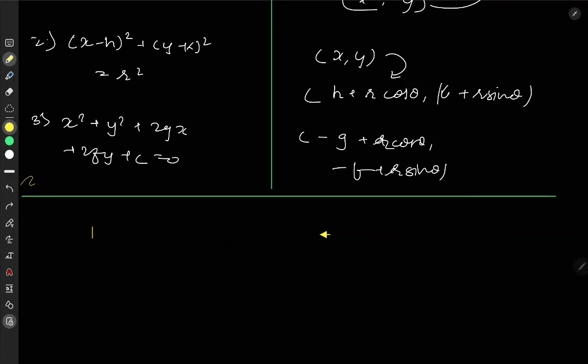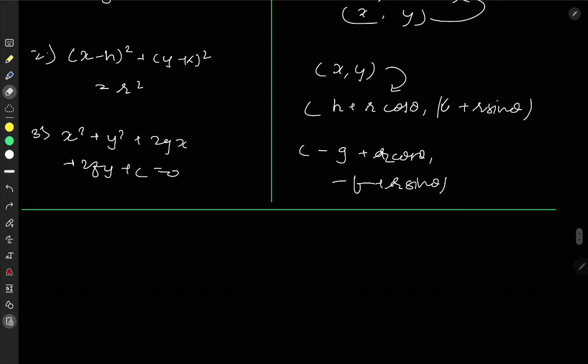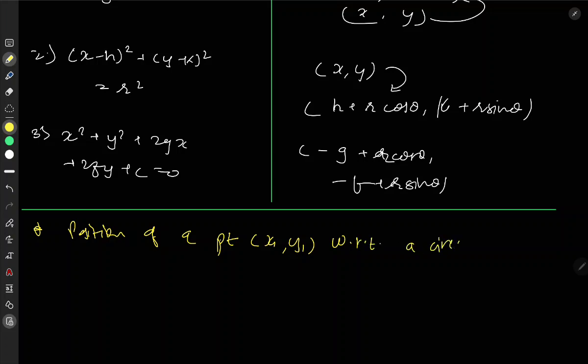So I forgot to just... position of a point x1 comma y1 with respect to a circle.